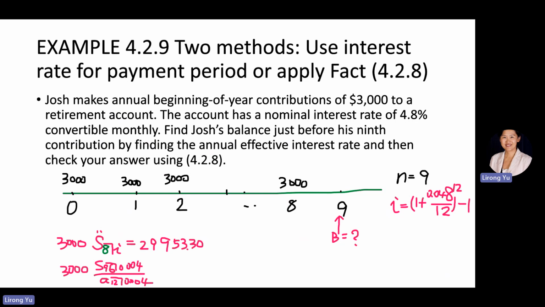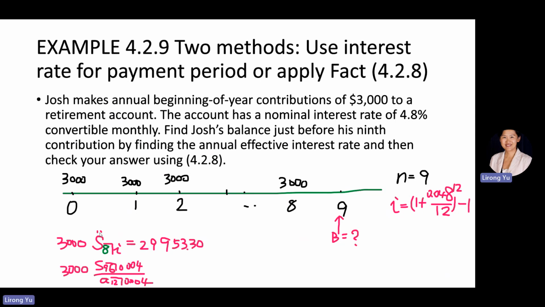Find Josh's balance just before his ninth contribution by finding the annual effective interest rate, and check your answer using 4.2.8. You can see the solution already written here. The 3,000 is being multiplied by S double-dot, an annuity due.